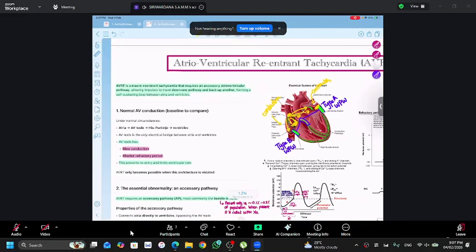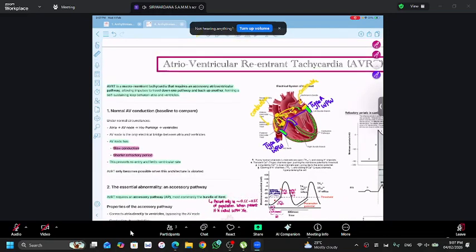So when you compare them, the AV node usually has slow conduction and a longer refractory period. Basically, relative to the cardiac myocyte, the AV node functions as a slow conduction pathway.